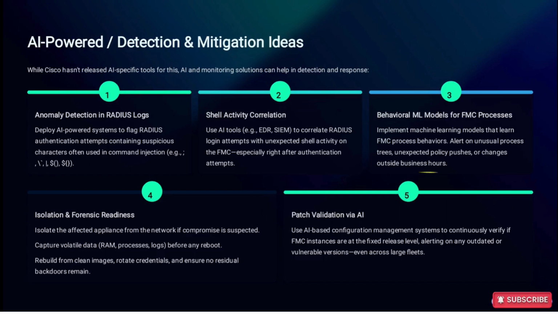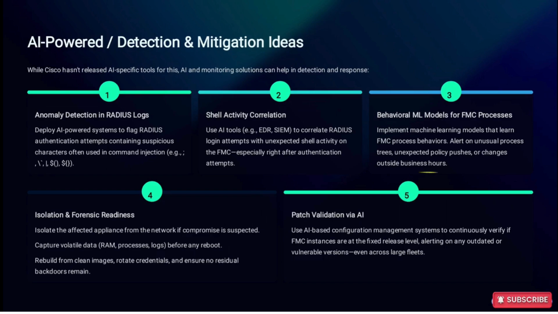Use AI tools like SIEM, SOAR, or EDR solutions to correlate RADIUS login attempts. Along with that, behavioral detection: implement ML models that learn FMC process behavior and alert the organization about any sign of suspicious policy changes.